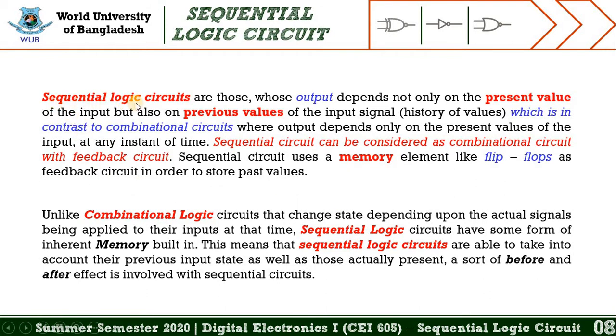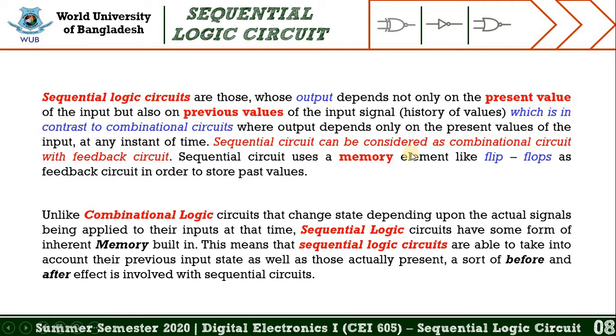From this slide, we will learn a general overview of sequential logic circuits. So let's start. Sequential logic circuits are those whose output depends not only on the present value of the input but also on previous values of the input signal, which means the history of values, in contrast to combinational circuits where output depends only on the present values of the input at any instant of time.